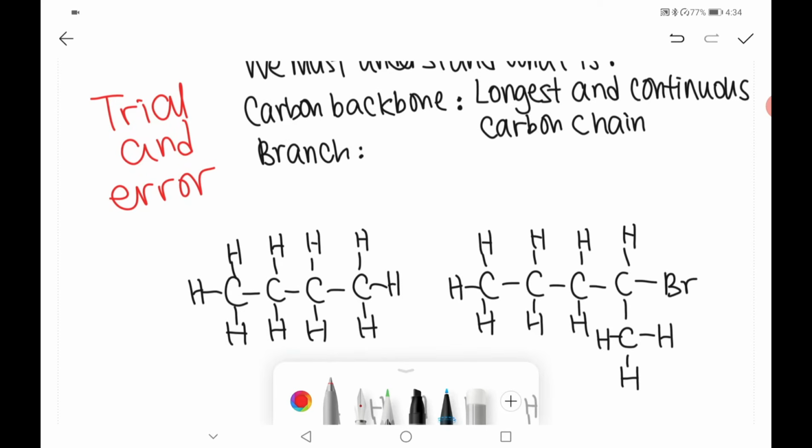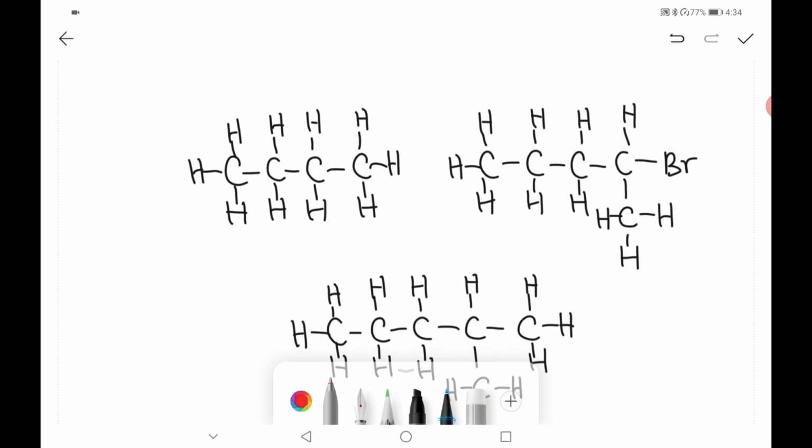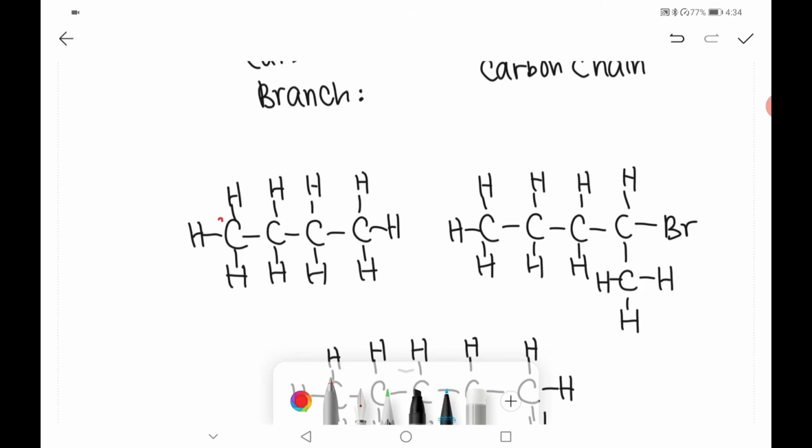You need to go from one end to the other end, from one side to the other side. For example, for the first question here, where is one end and where is the other end? This is one end and this is one end. This is one terminal, this is one terminal, end to end.